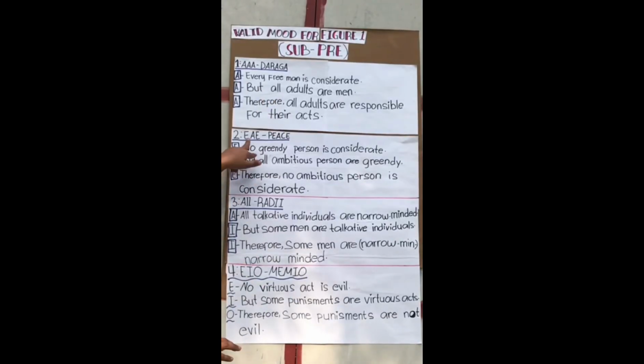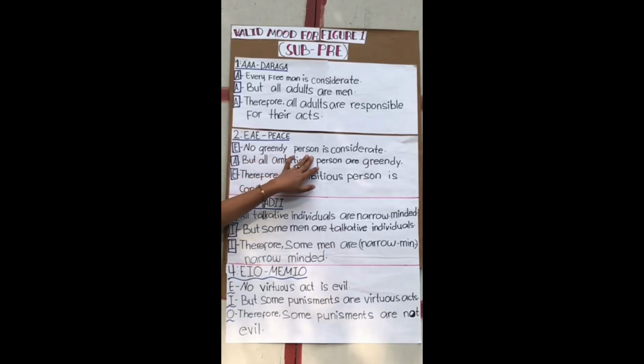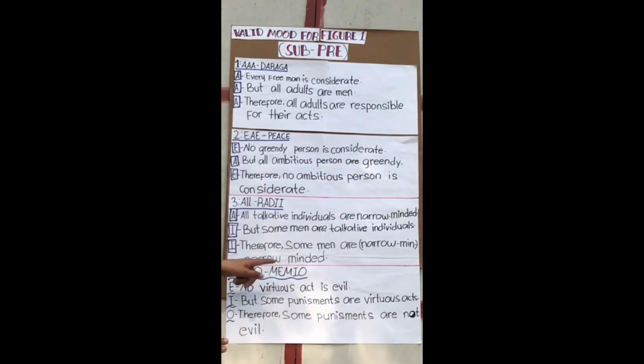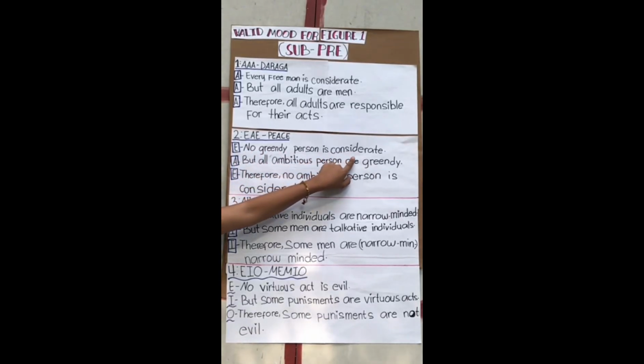So, dito na naman sa EAE is yung first premises natin, yung major premises natin is no greedy person is considerate. So, sinasabi mo na walang greedy na person na considerate. So, wala sa subject natin, walang subject na predicate.